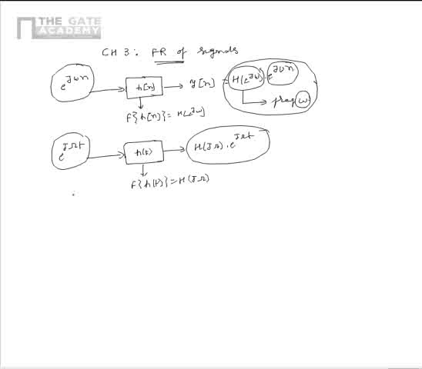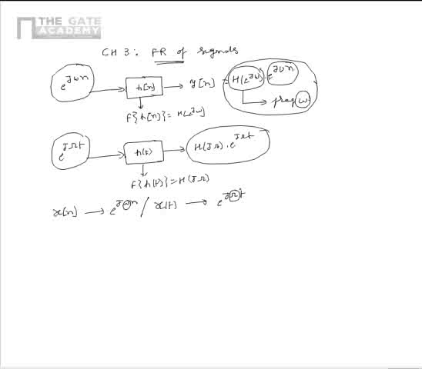We will also see that given any input signal x of n, it can be seen as a linear combination of e power j omega n in the discrete time case, and given any signal x of t, it can be seen as a linear combination of e power j omega t, where small omega or capital omega would be varied.